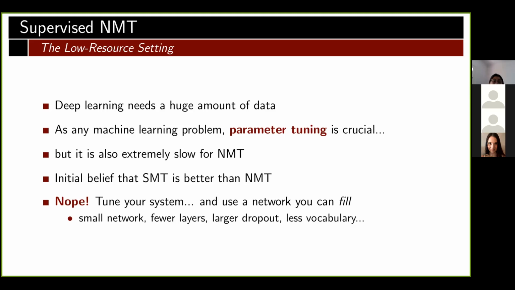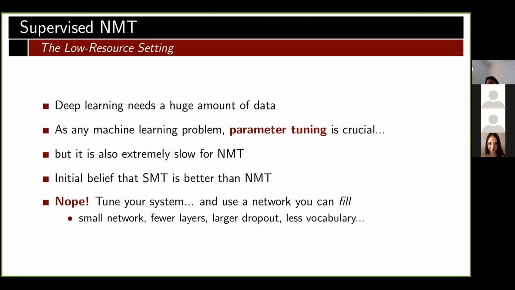And this is one of the reasons why, at the beginning, people were saying that it's better to use statistical machine translation when you don't have data, and not use neural machine translation because it performs worse. Statistical machine translation is quite stable, hyperparameter tuning is very fast, and translation quality is relatively good also with small data.